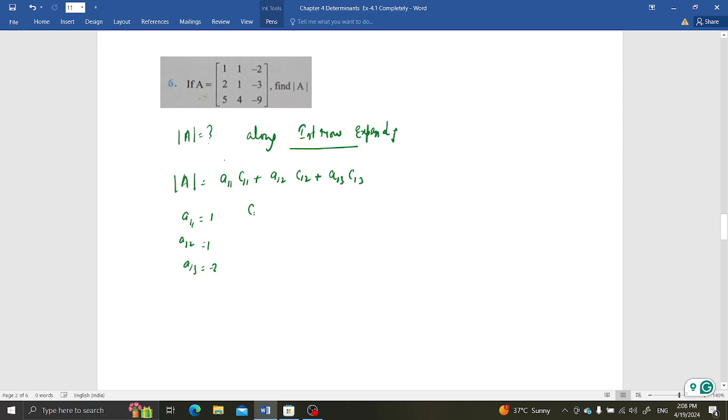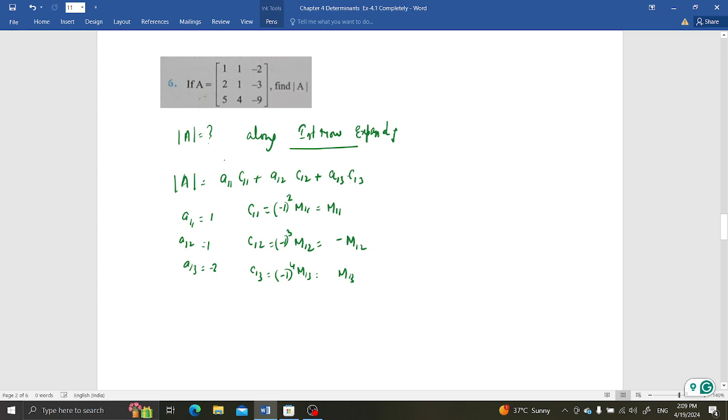Now what is C11? C11 is minus 1 to the power 2 M11, so it is M11. What is C12? Minus 1 to the power 3 M12, so it is minus M12. And C13 is minus 1 to the power 1 plus 3, that is M13.